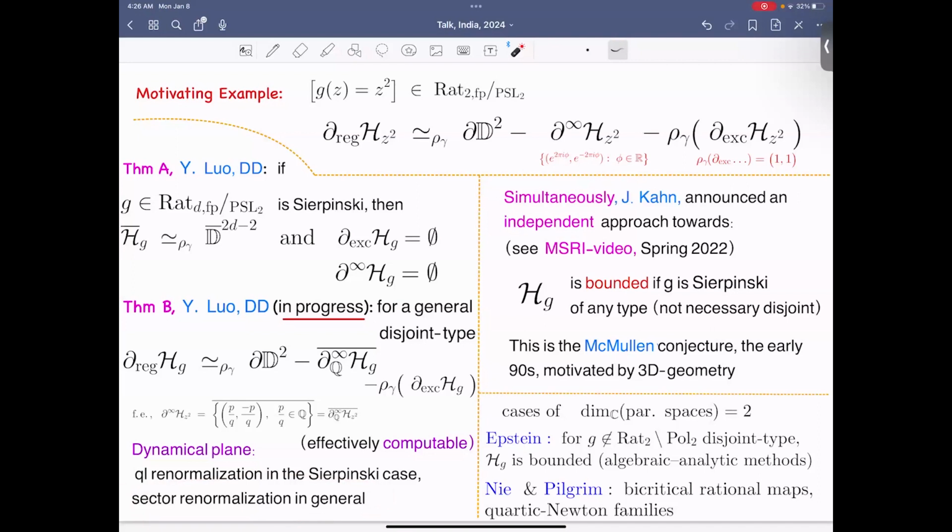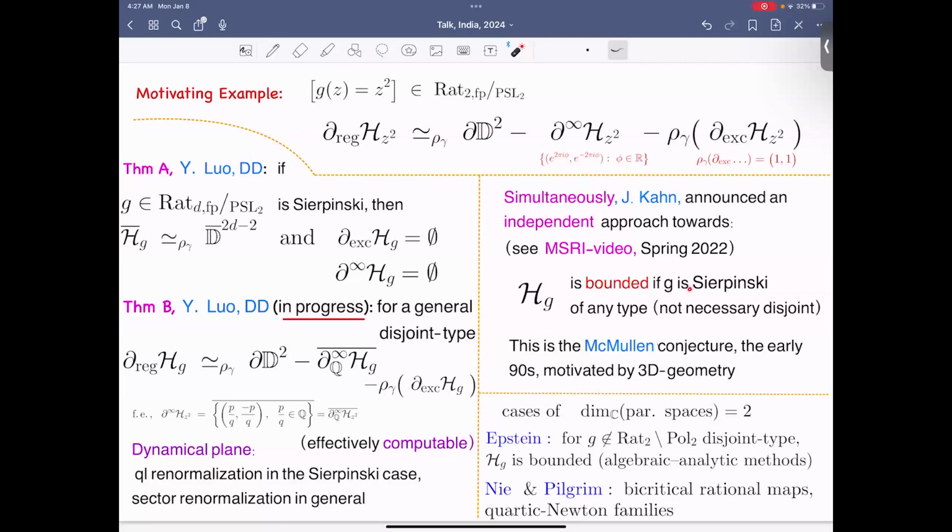And let me also mention that simultaneously Jeremy Kahn announced an independent approach. So there are MSRI videos of good quality available with his approach. His approach is also in the near-degenerate regime, but from a completely different angle.